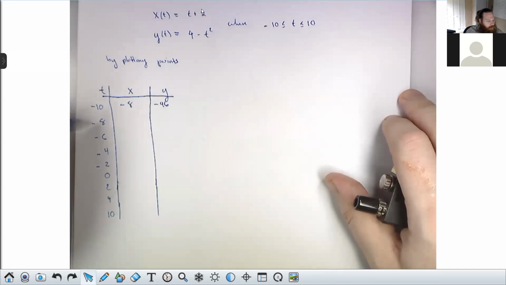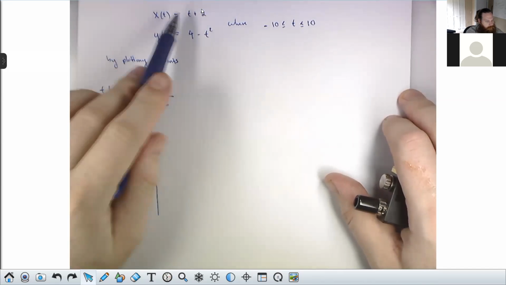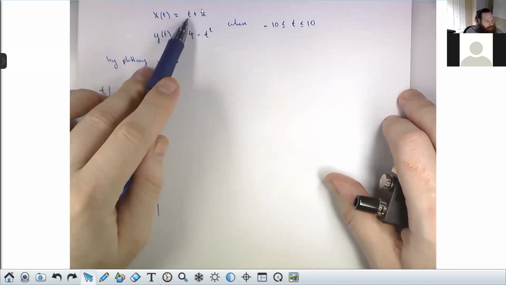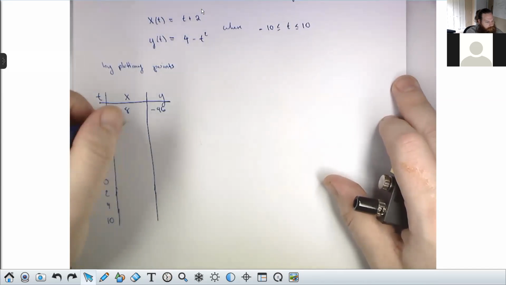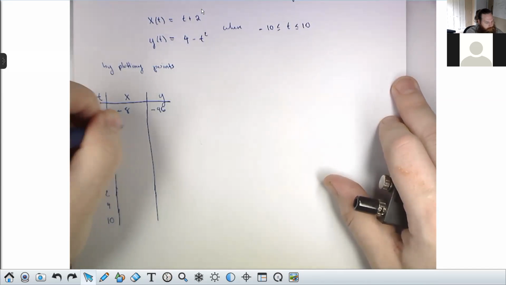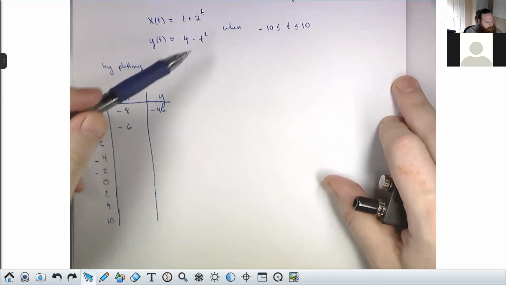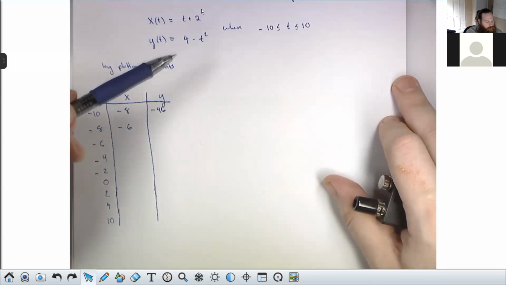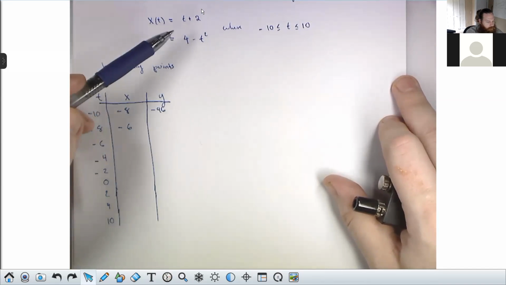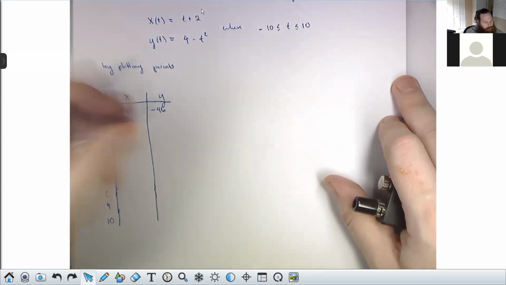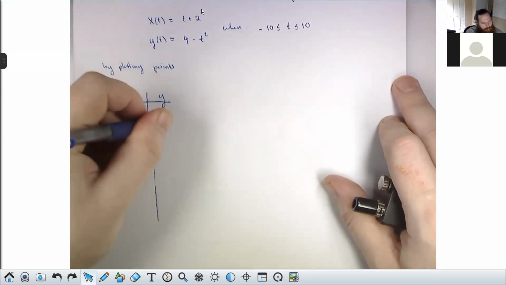We'll just do it. If I plug in -8 for t, -8 plus 2 is -6. And 4 minus -8 squared, well, -8 squared is 64. 4 minus 64 is -60.